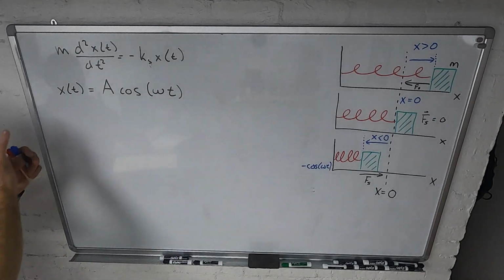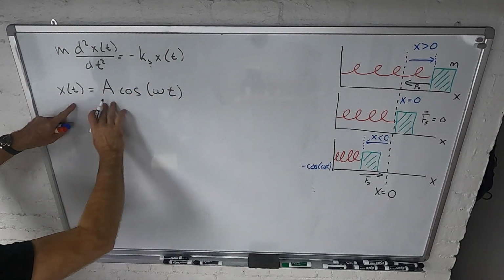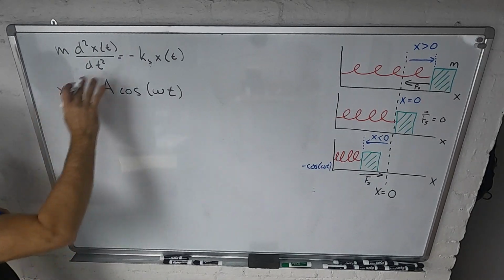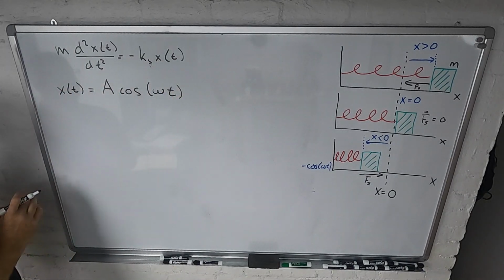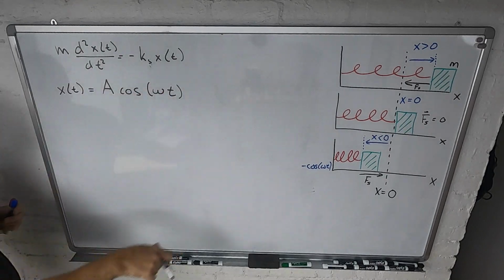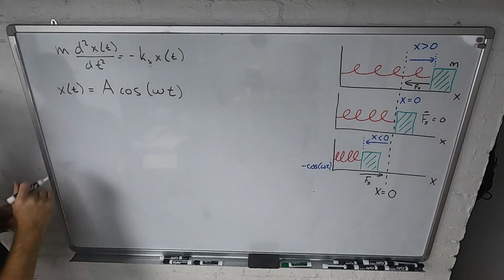Okay, so let's just work out our differential equation. Assuming that this is the form that our x position as a function of time takes, let's just plug it in. Let's take two derivatives of it.